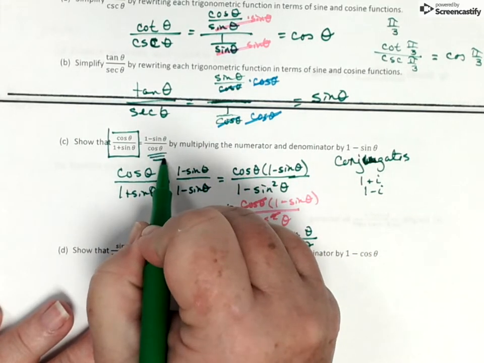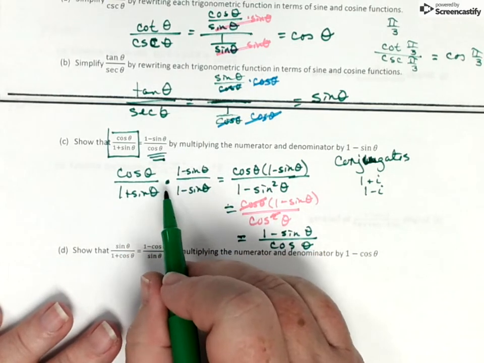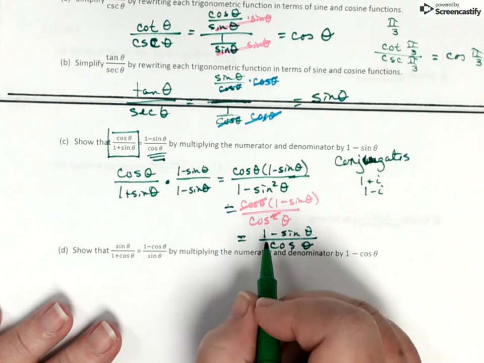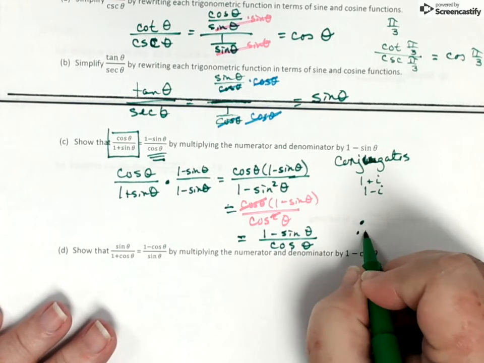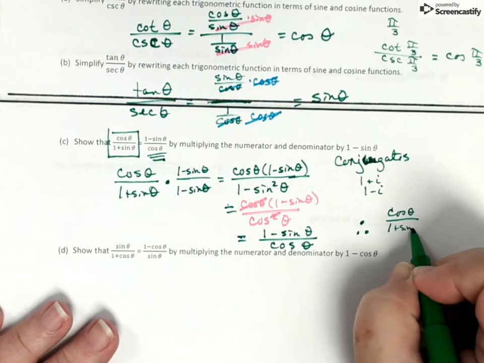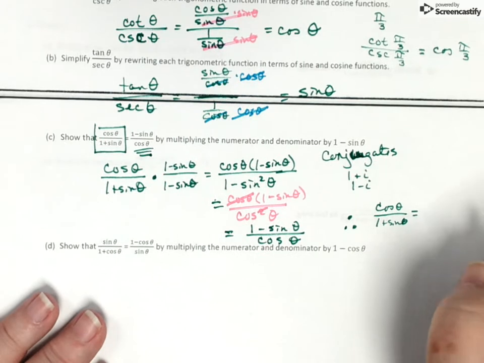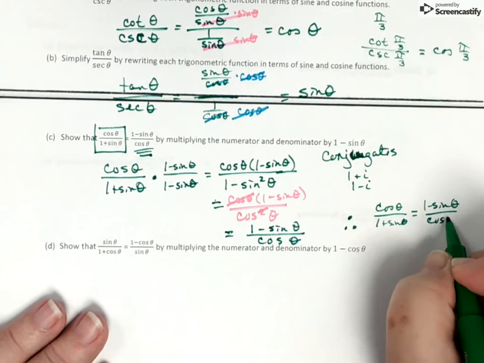That's the second half. This is now equal to the second half. I converted the first half into the second half of the problem. And therefore, cosine of theta over 1 plus sine of theta has been proven to be equal to 1 minus sine of theta over cosine of theta.